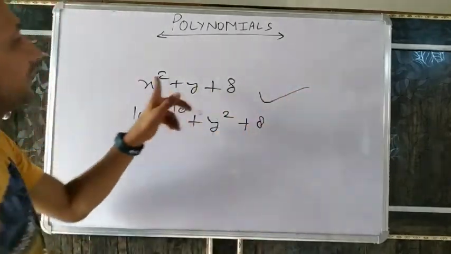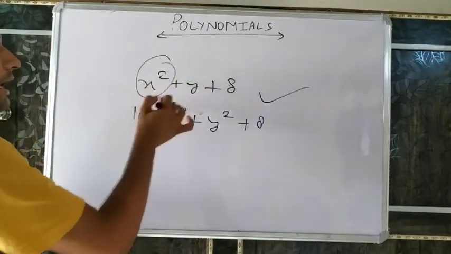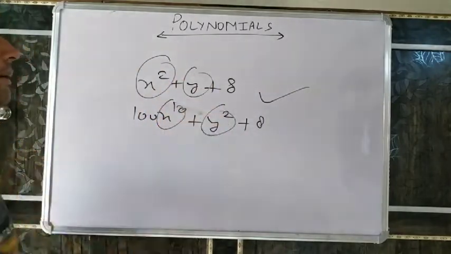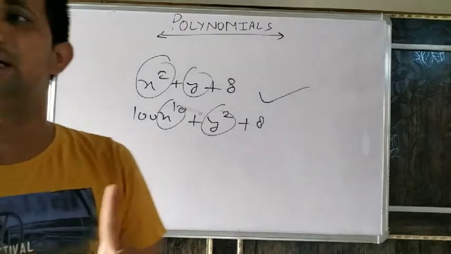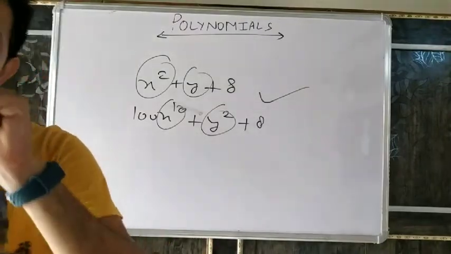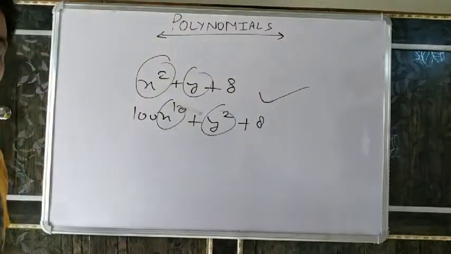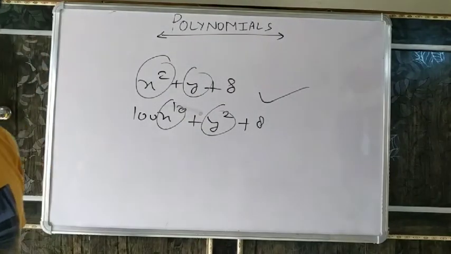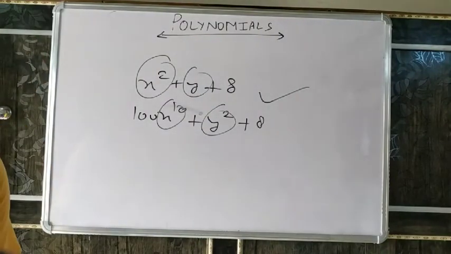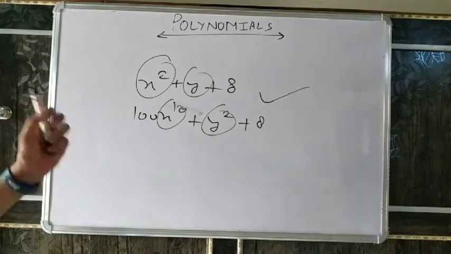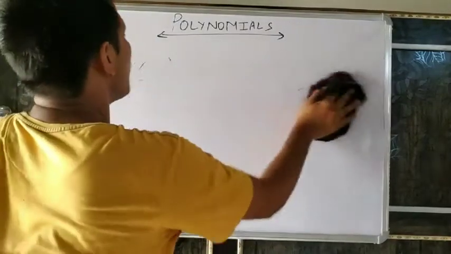But here how many variables do we discuss? Two variables, x and y. But in our 9th class, we will discuss polynomials only in one variable. Therefore, we will discuss only in one variable. So again, to write the definition of polynomial in one variable.